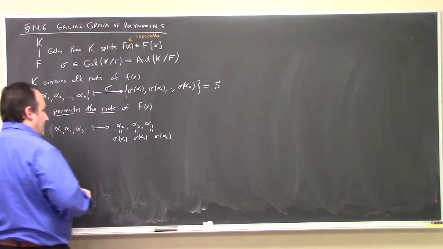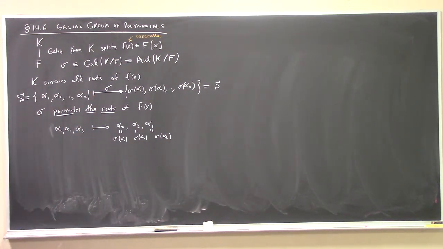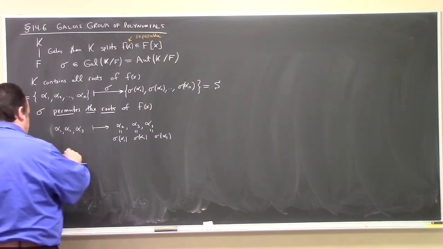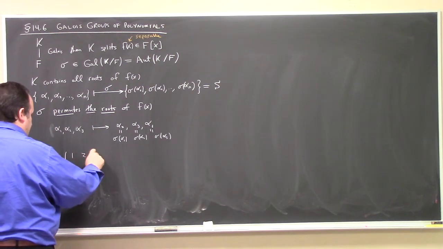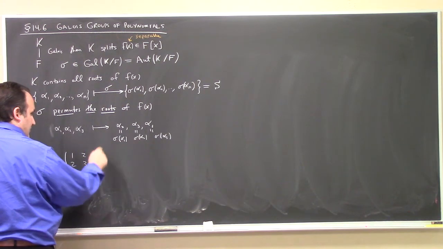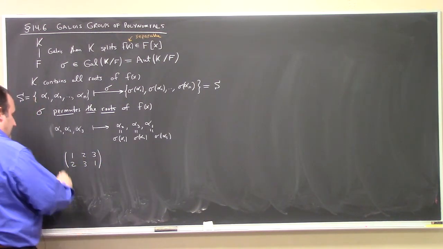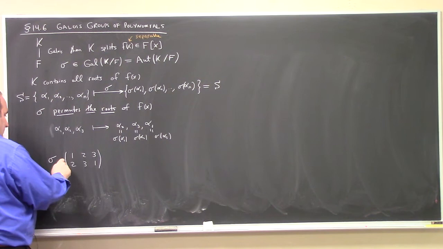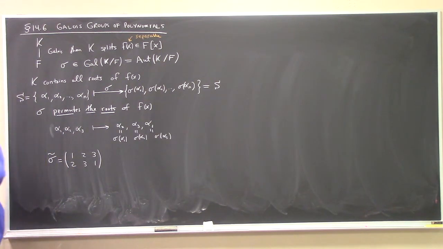So 1 goes to 2, and in the bracket notation you'd have 1, 2, 3: 1 goes to 2, 2 goes to 3, 3 goes to 1. That's another notation for, maybe I should say, sigma tilde. So sigma tilde is the corresponding permutation in S3 corresponding to my sigma.